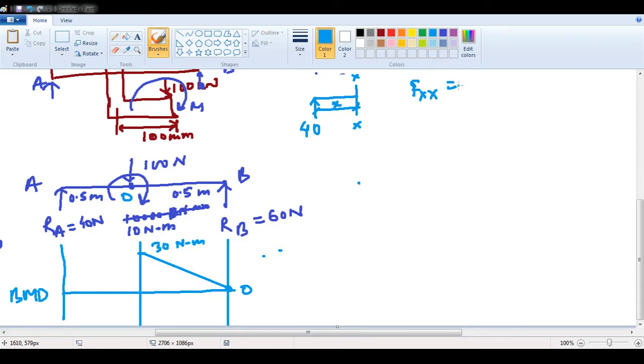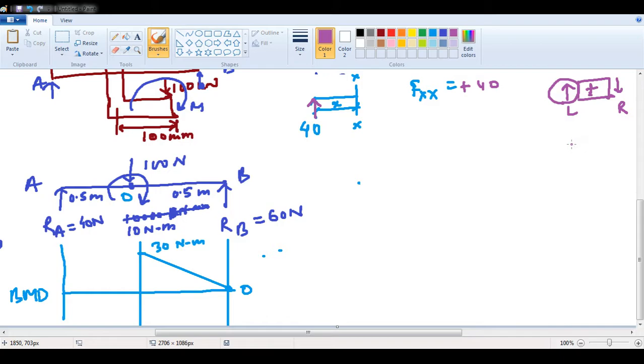So force along x, see the sign convention of a shear force is what? This is for left hand side, this is for right hand side. If on the left hand side the forces are going up, it will be positive. So we are going from the left hand side, and here the force is going up, so it should be positive. So plus 40.